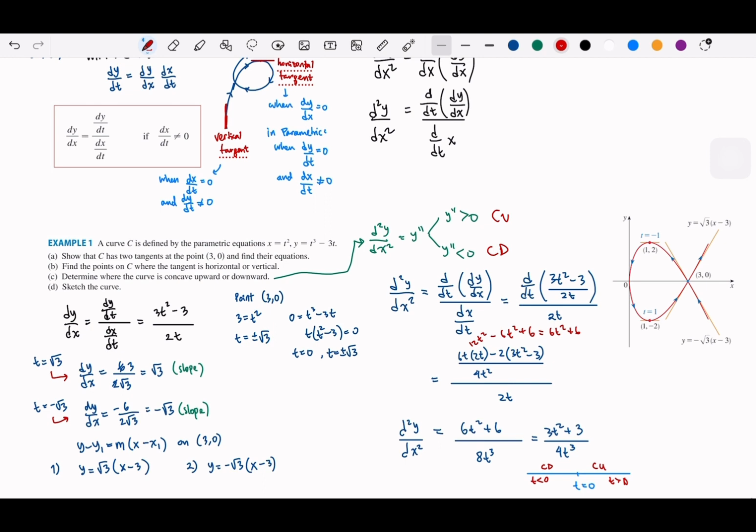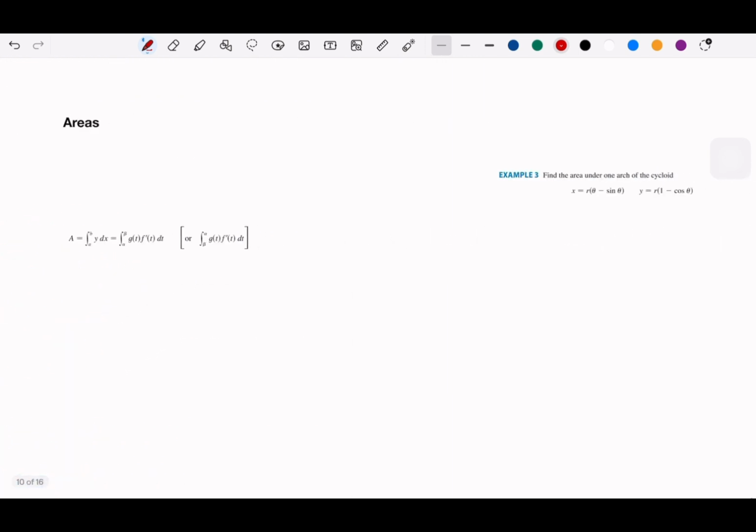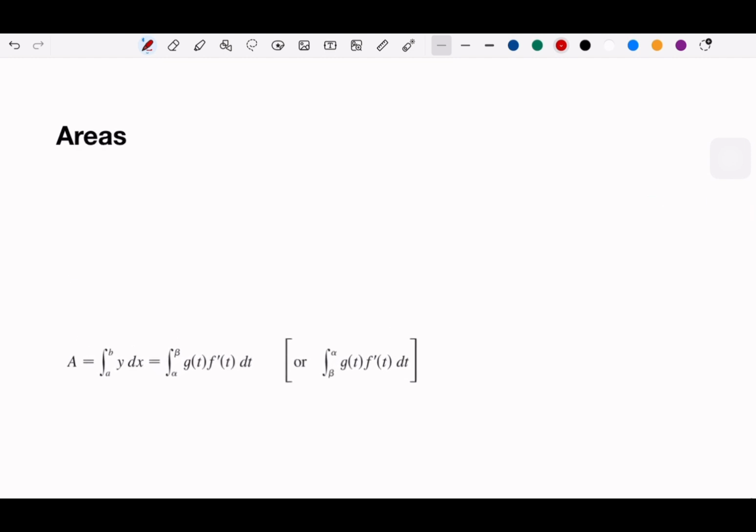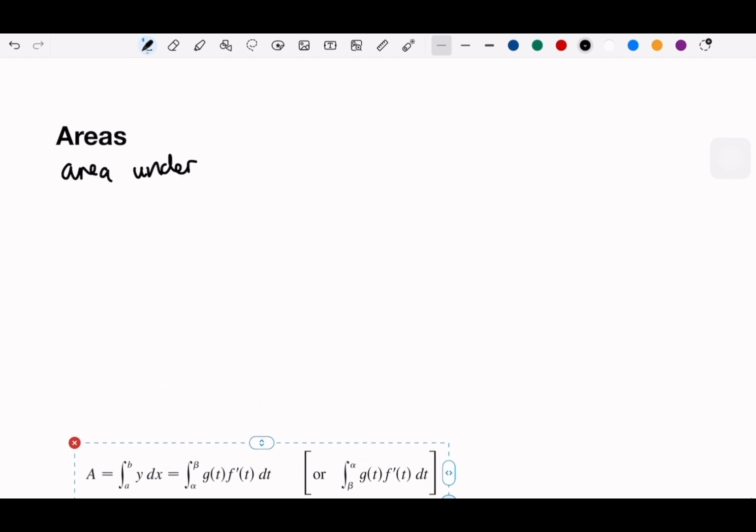Okay, now let's continue to the second part. The first is tangent in parametric; the second part is the area. Here's the area. So we know the area under the curve, let me put this aside first.